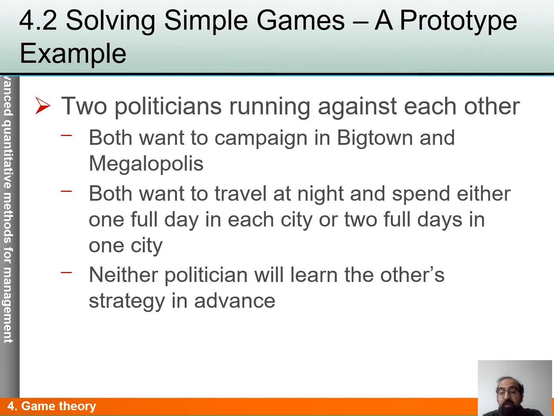Okay, this is a fair game. None of them knows about the strategies of the other one. So based on the different strategies, the result may be a win for each of them or a loss for each of them. We'll see in the next slides.